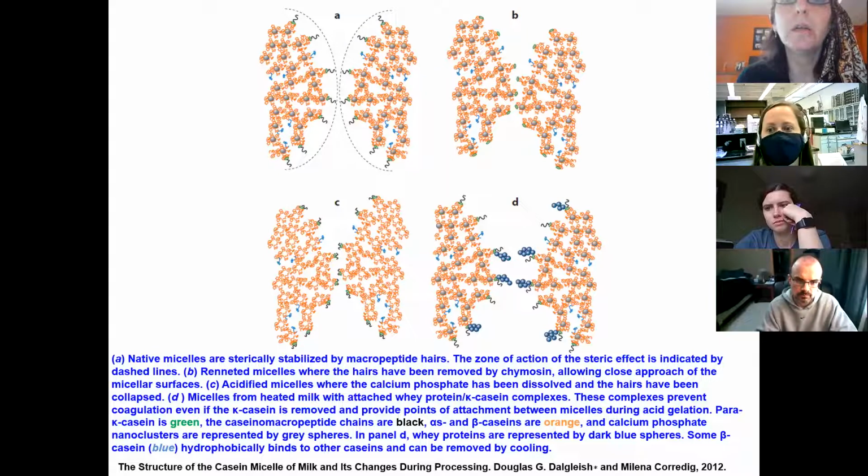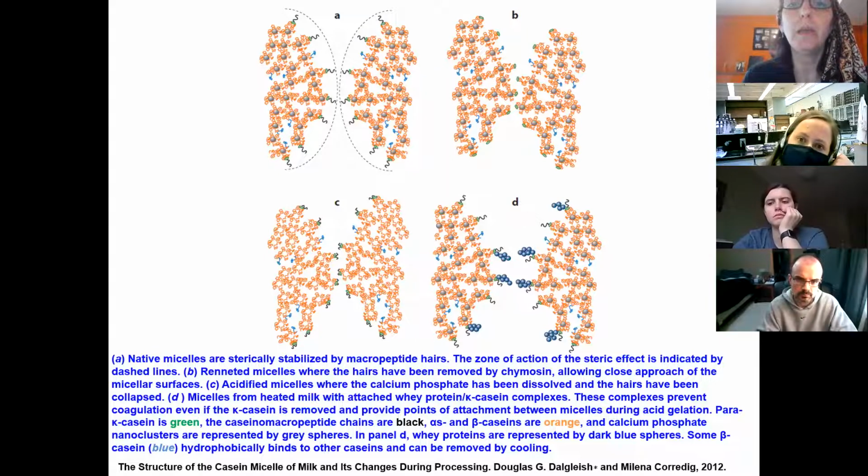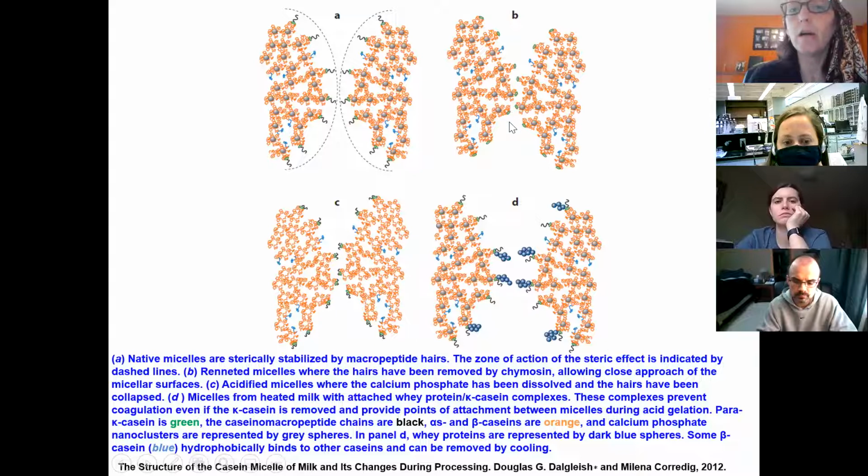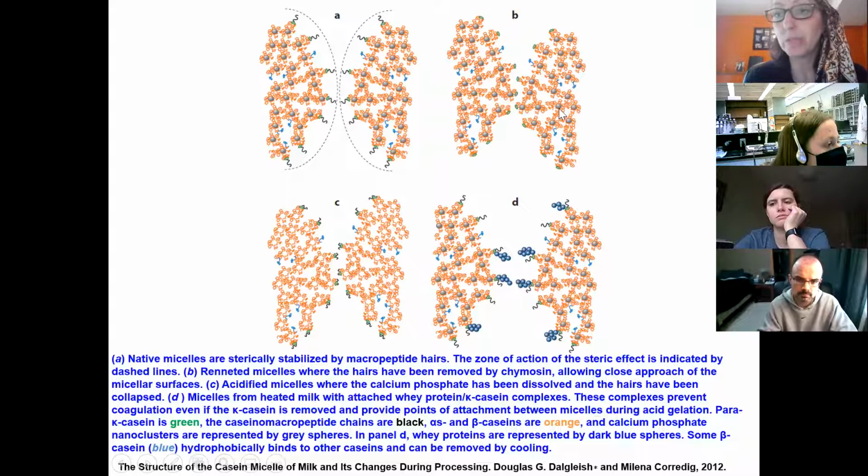B is when you have the enzyme, so you cleave off that glycomacropeptide, you lose the stability, then the casein micelles come together by hydrophobic interaction and also form calcium phosphate bridges.